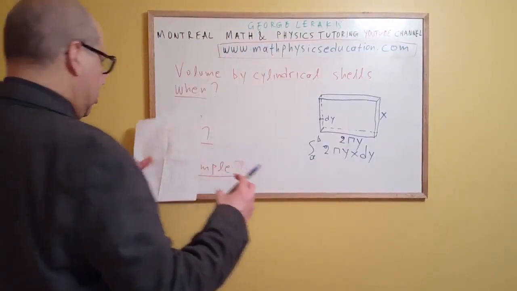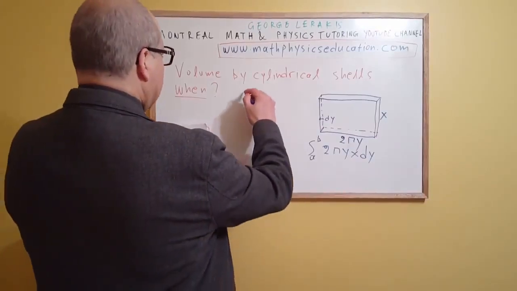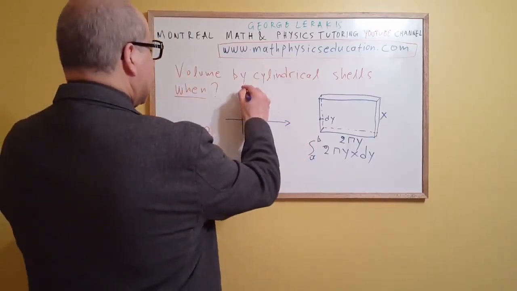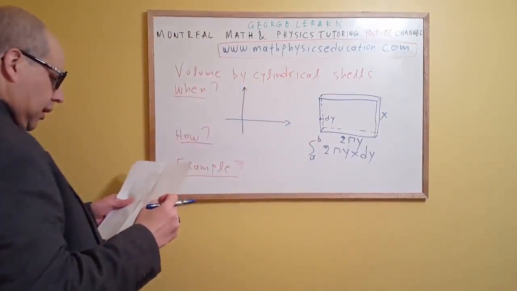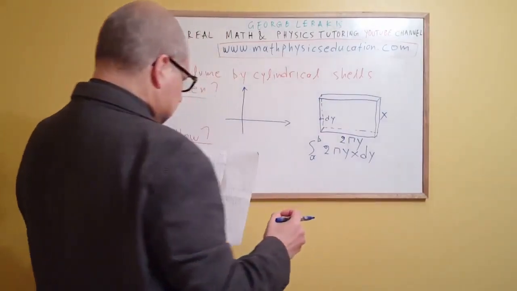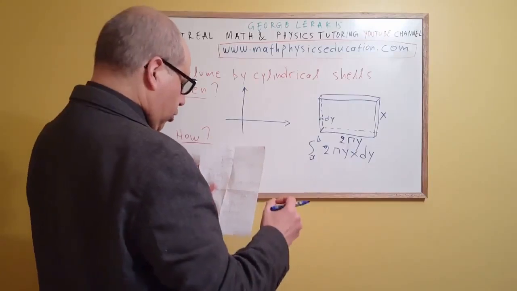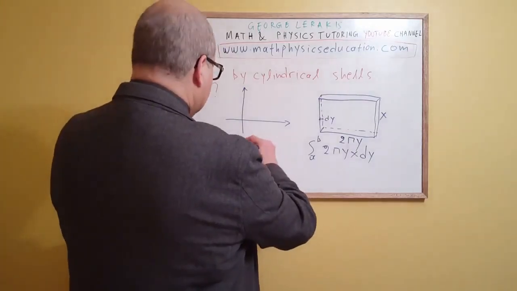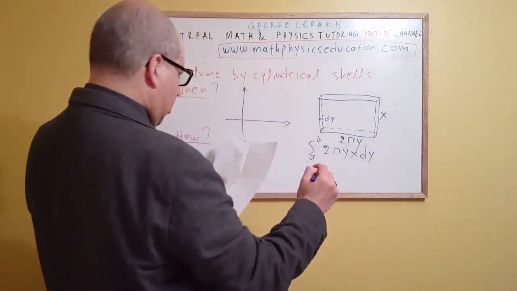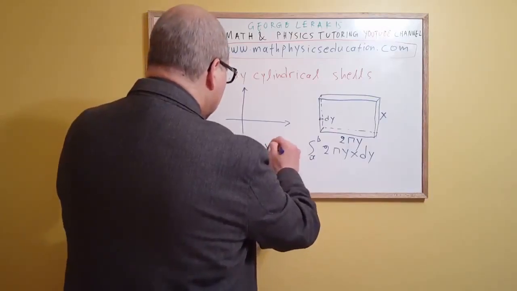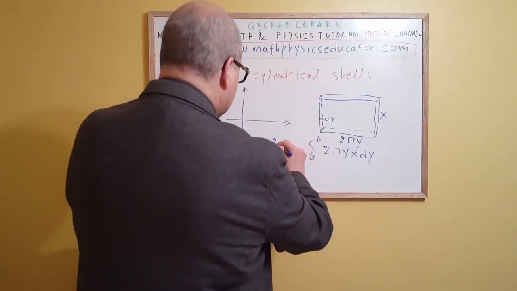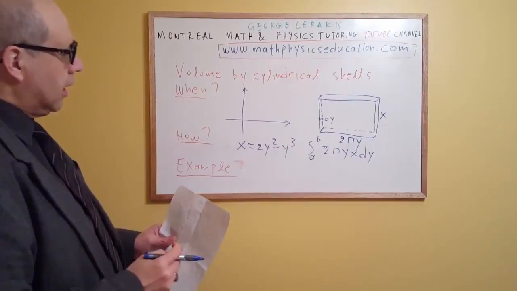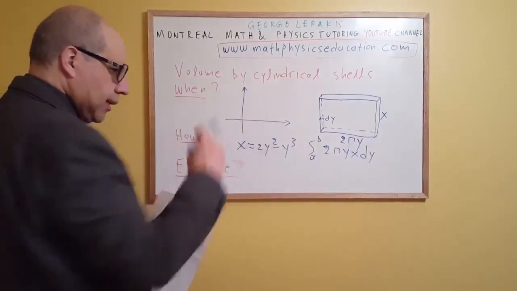Let's say that you have, again, the Cartesian plane, and you want to find the volume of the curve x equal with 2y squared minus y to the cube when you rotate this around the x-axis.